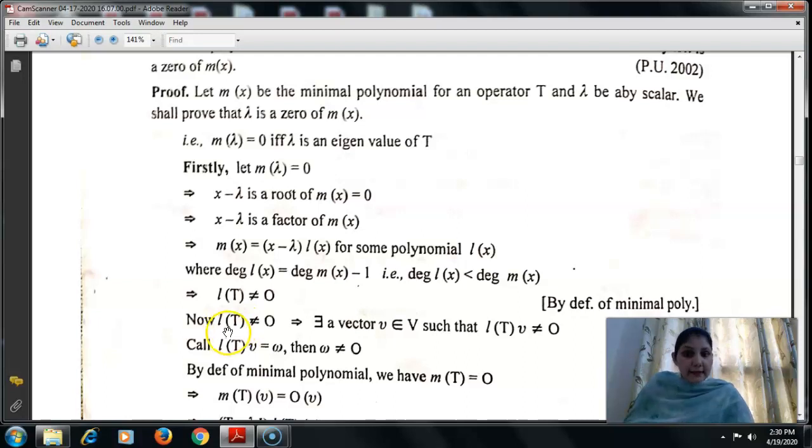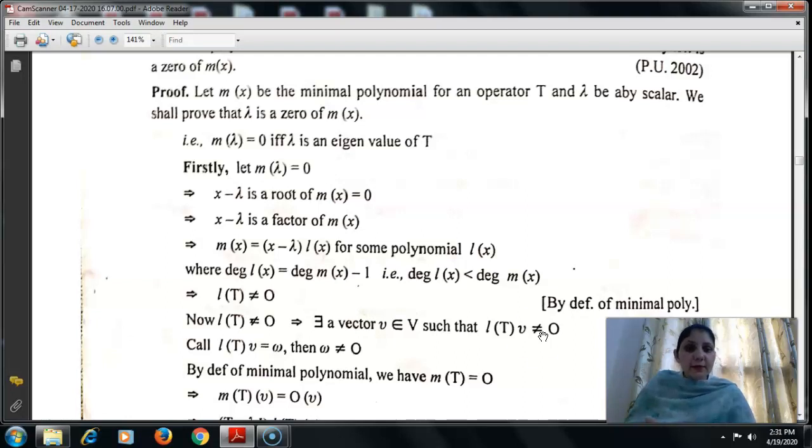Now lt not equal to 0 means there exists a vector v belonging to V such that lt applied on vector v will be non-zero. Because what is lt basically? l is a polynomial. When you put operator t in polynomial lx in place of x, that will be a linear combination of some powers of t and operators t, so that becomes an operator.